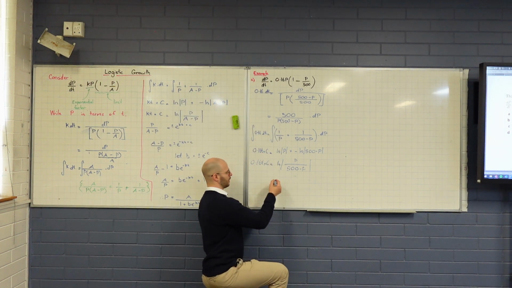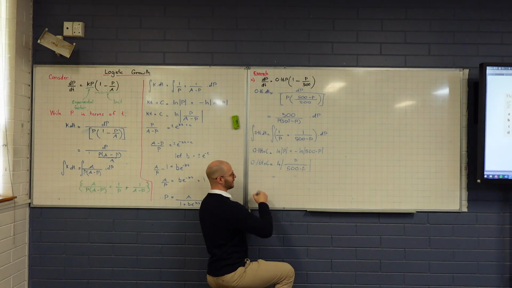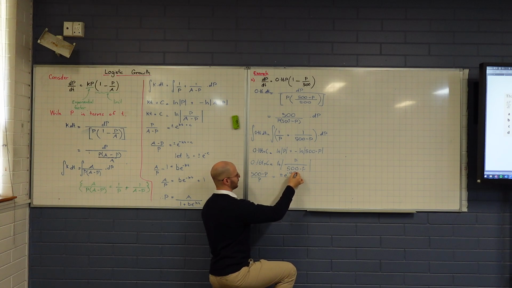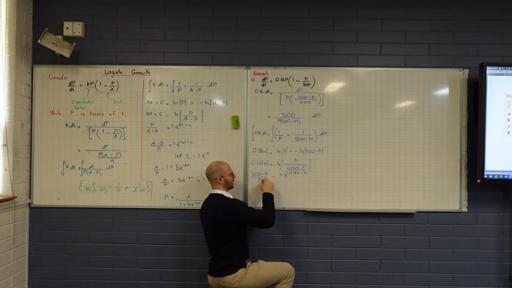All right. Raise both sides to a base of e. And then flip it. So this is going to be (500 minus P) over P, and then this is plus or minus e to the negative 0.16t take C. So it's negative from the get-go because I did a flip from here to here, as well as raise it to a base of e.